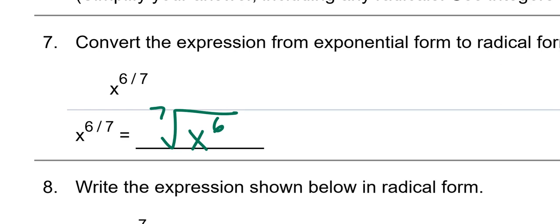Now I'm going to ask you another question. Is there a perfect 7th trapped inside that radical? If the question said simplify, which I don't believe this one does, so my question is, is there a perfect 7th trapped inside there that I could bring out? No. You are correct.